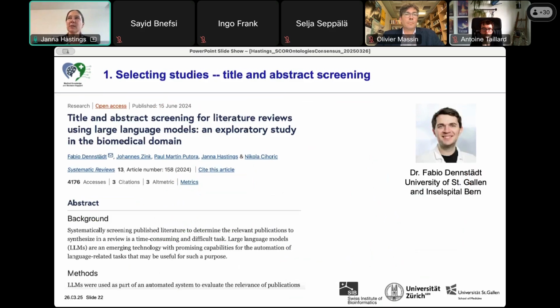So this is quite a straightforward task, selecting studies for inclusion in the systematic review, title and abstract screening. I say straightforward just because you typically have all the information you want to use.